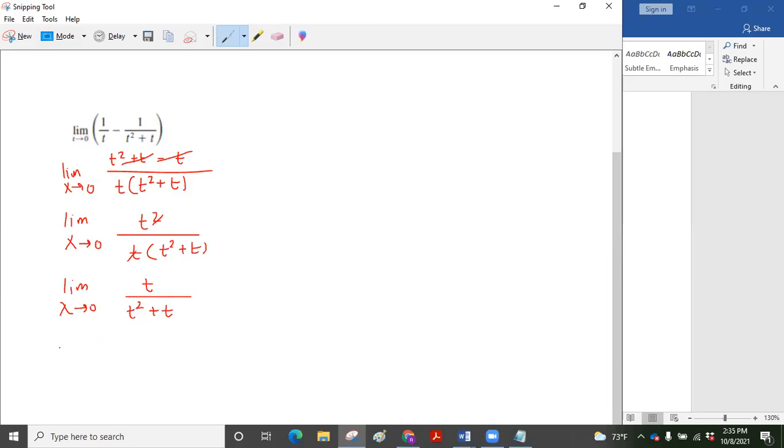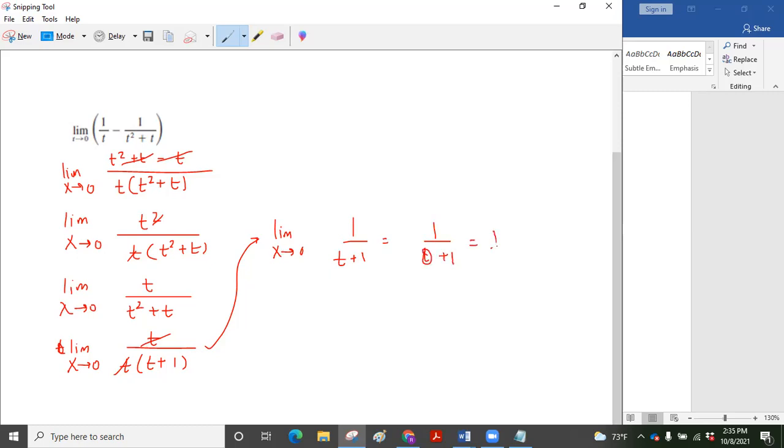And what we'll do here is we'll factor out a t, so t plus 1. So we'll say that the limit as x approaches 0 is 1 over t plus 1, which is 1 over 0 plus 1, which is just 1 over 1, which is just 1.